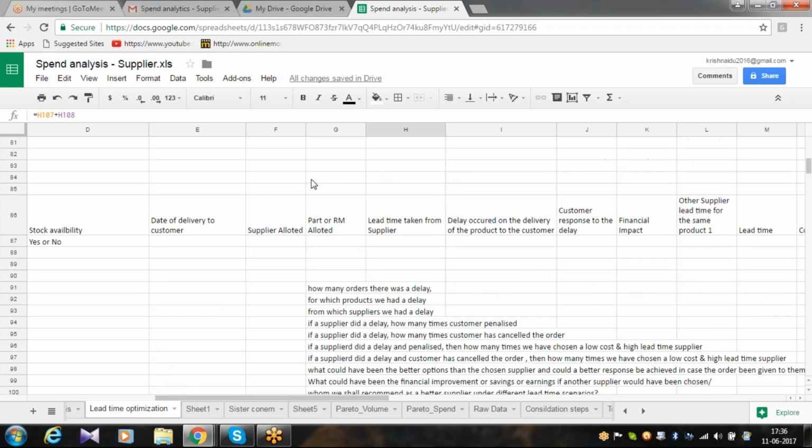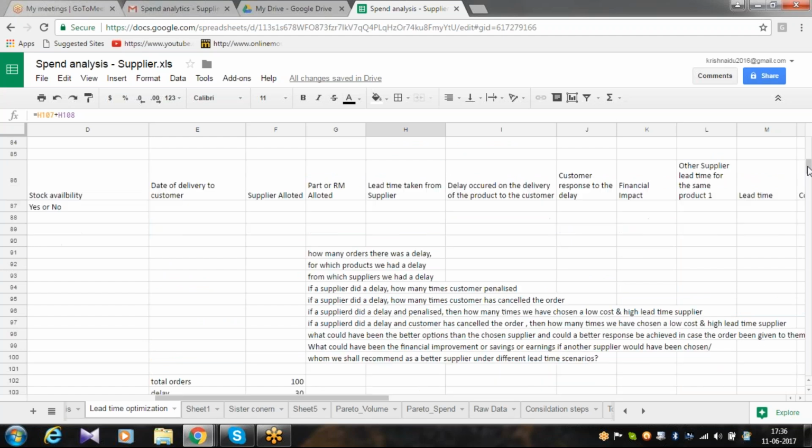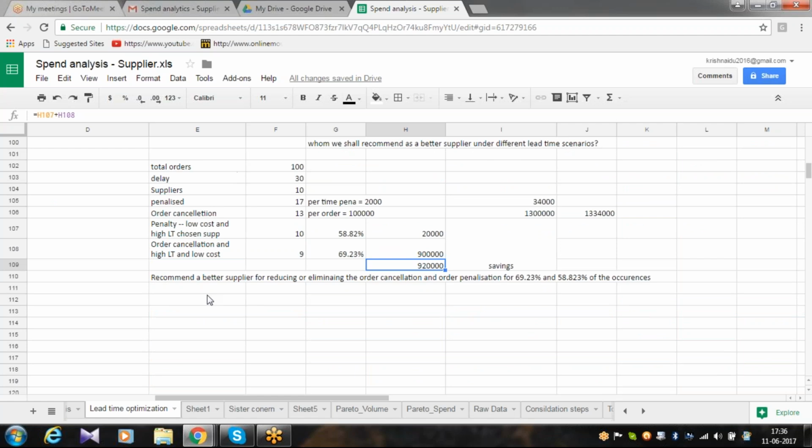So these are data we need to build, and these are the questions we need to ask. Based on these questions, we will come up with this kind of inference or summary. From this summary, we have to generate the savings like this. Poonam, does it make sense?